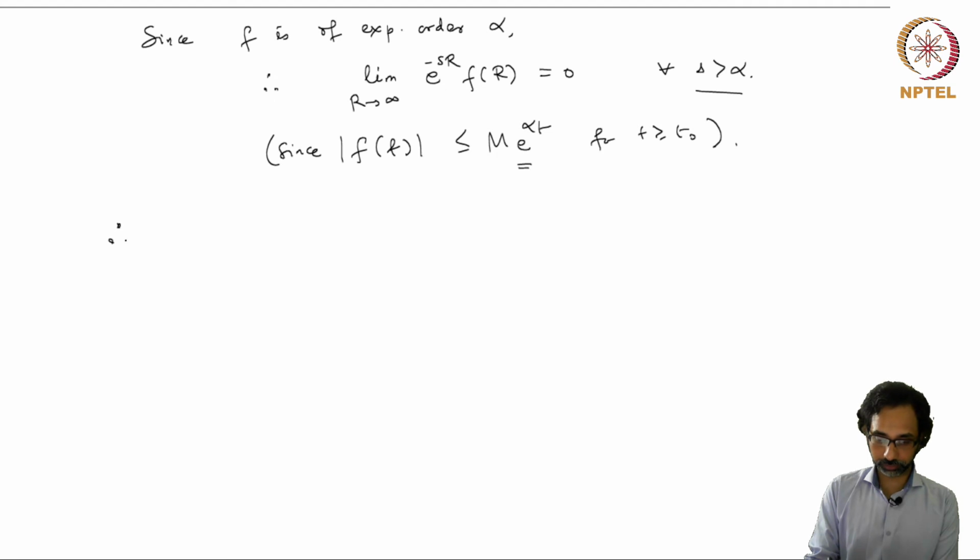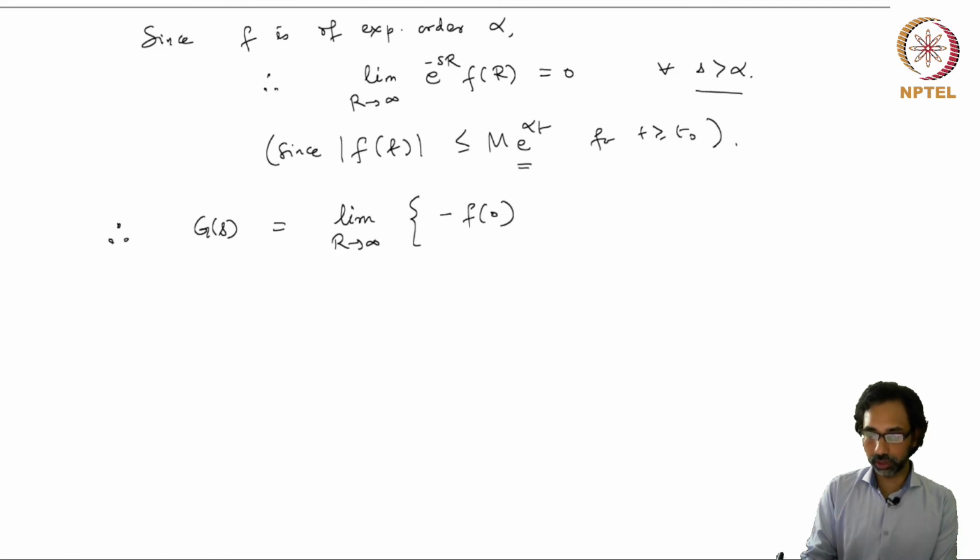So therefore our G(s) is nothing but the limit as R tends to infinity of the first term, minus f(0), and then the second term, s times the integral from 0 to R of f(t) e^(-st) dt.